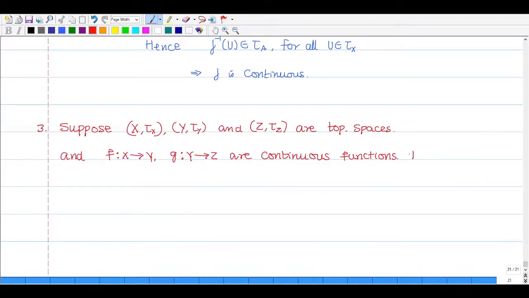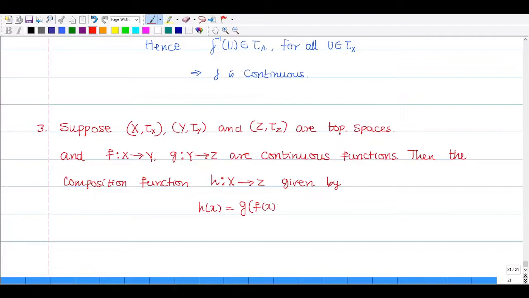Then the composition map, the composition function h is a function from X to Z, is given by, இது எப்படி டிஃபைன் பண்ணிருப்பீங்க, that is h of x which is equal to g of f of x for every x belongs to capital X. பாருங்க x capital X ல இருக்குனா f of x Y ல வந்துரும், அப்ப g of y கரெக்ட்டா டிஃபைன் ஆயிடும்.